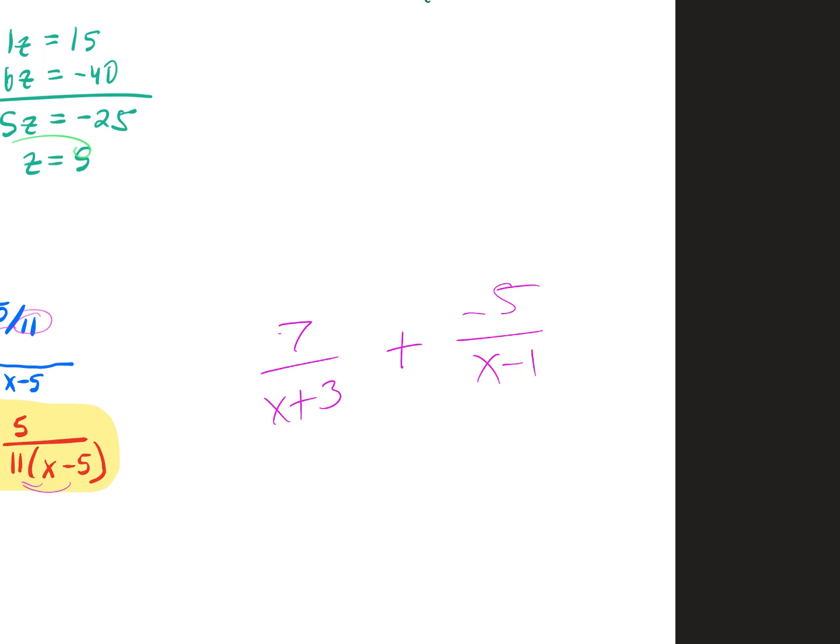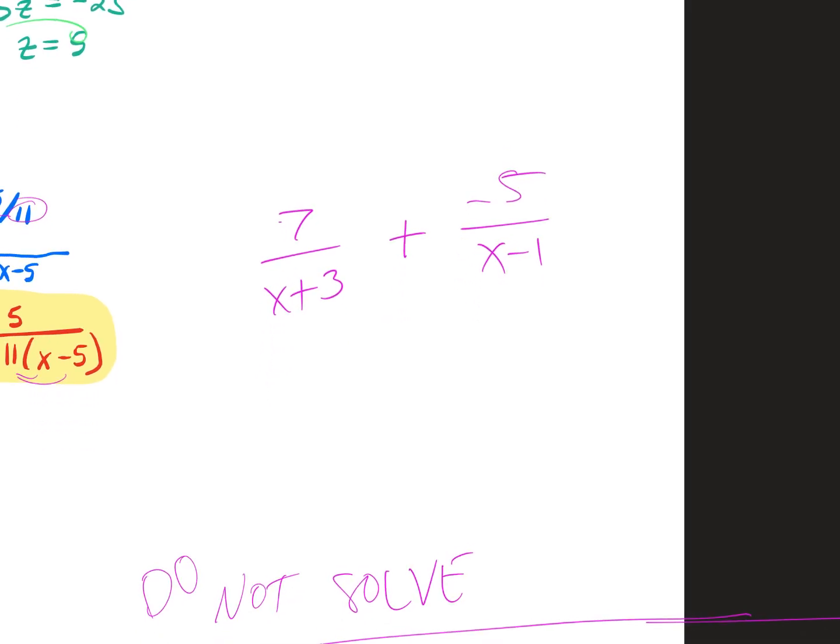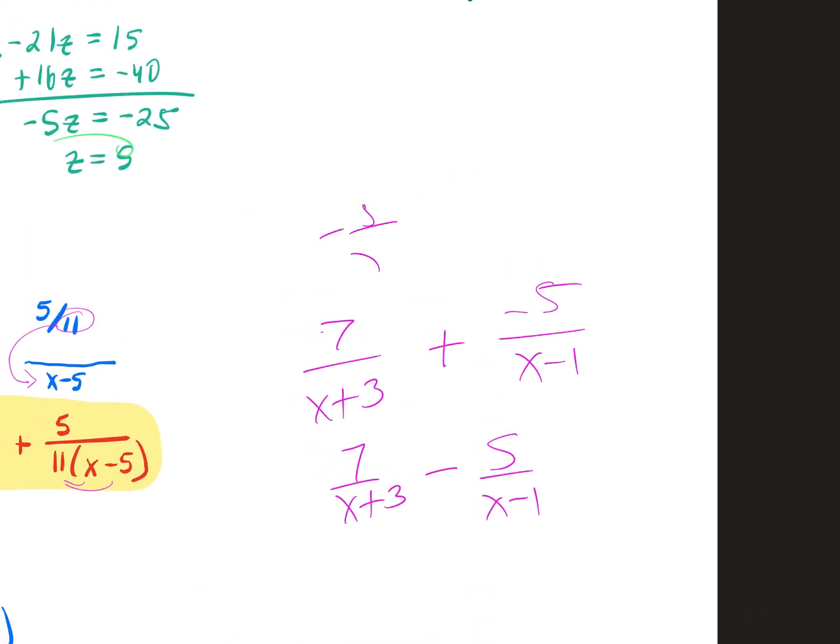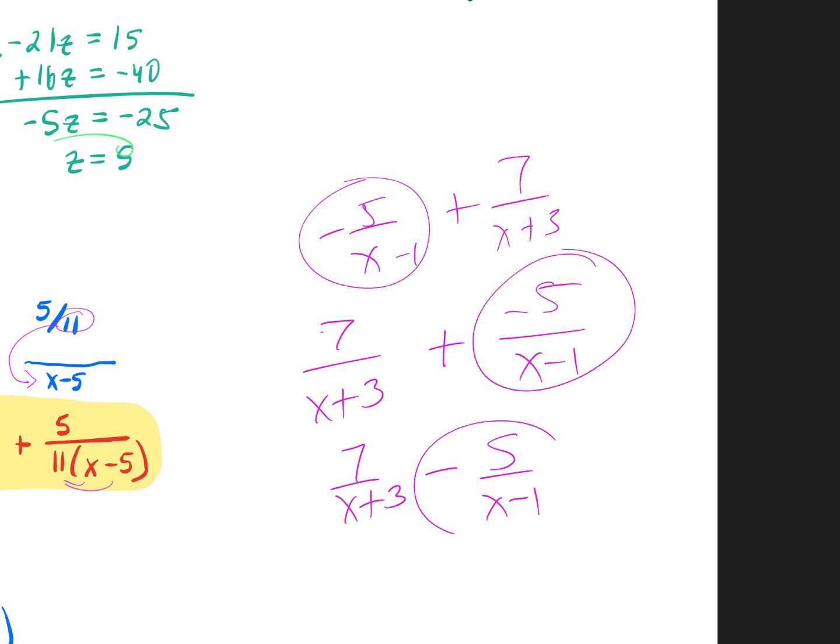If you write it as 7 over x plus 3 minus 5 over x minus 1, that's fine as well. If you write it as negative 5 over x minus 1 plus 7 over x plus 3, that's fine as well. As long as your signs are correct, and in all 3 of these cases this fraction is negative, and this fraction is positive, that's fine. As long as your signs are right and your denominator matches with the variable you were solving for.